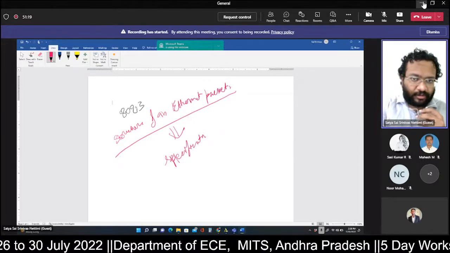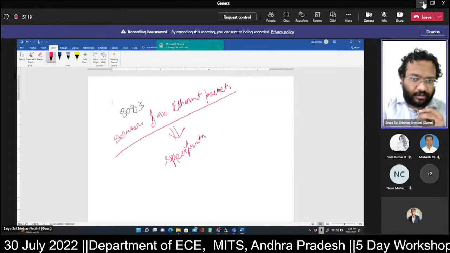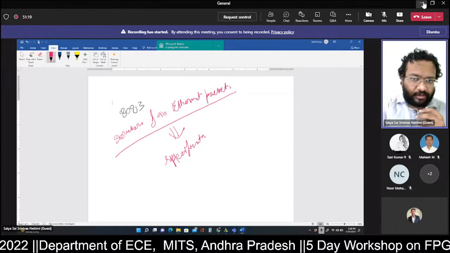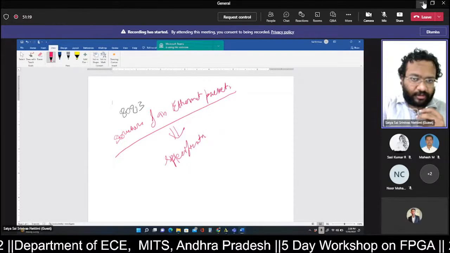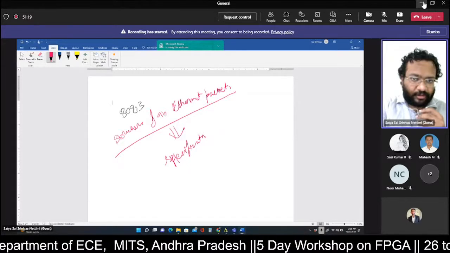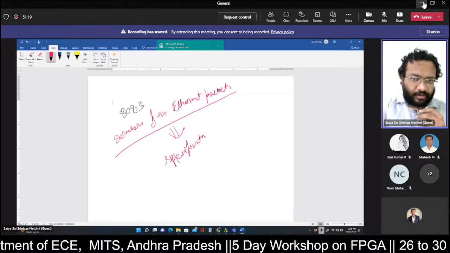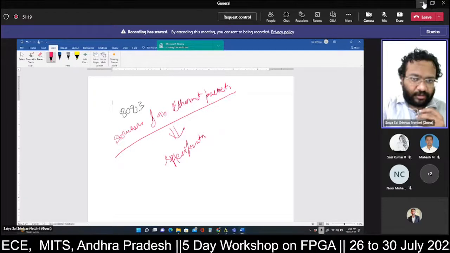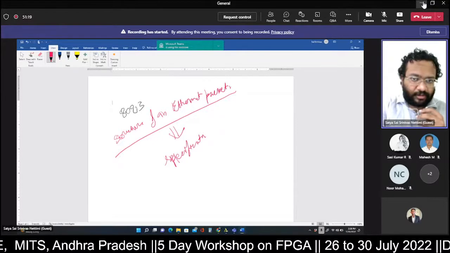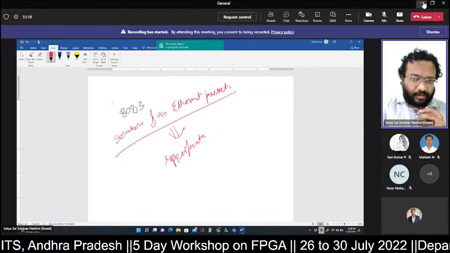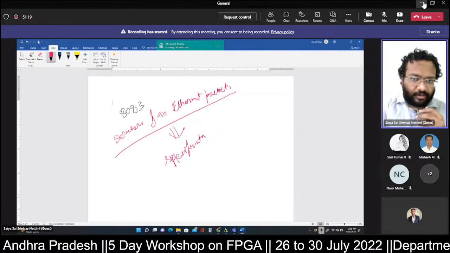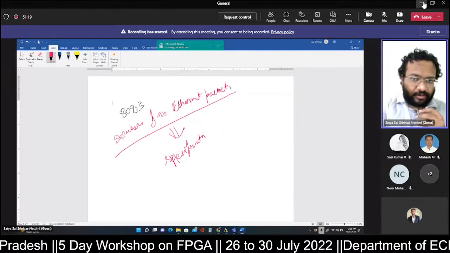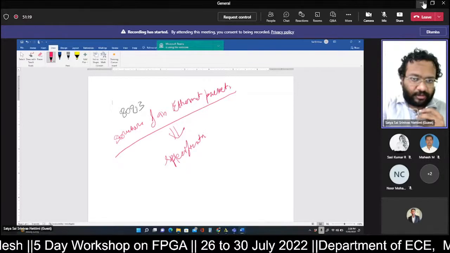That data manipulation is done by the FSM controller's combinational next state logic, which we will define in this section. Here we have to write the logic of the FSM state logic. We have to write it over here.